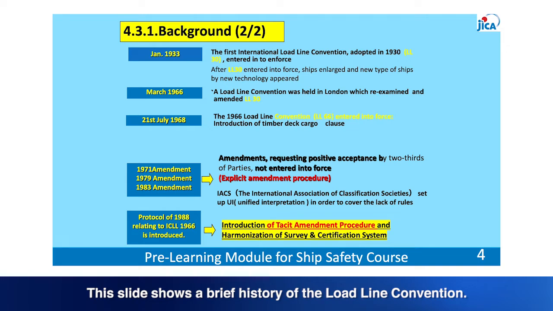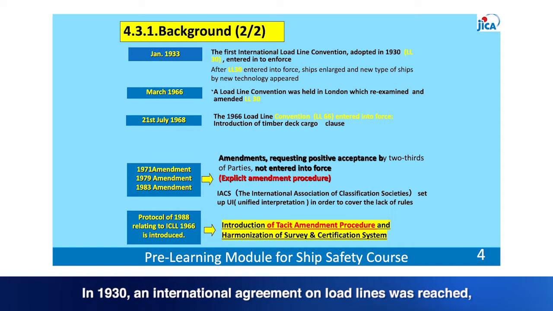This slide shows a brief history of the Loadline Convention. In the 1860s, after Britain had lost many ships due to overloading, Samuel Plimsoll, a member of the British Parliament, advocated regulating the maximum safe draft, the Loadline. The British law made the Plimsoll line compulsory in 1876.